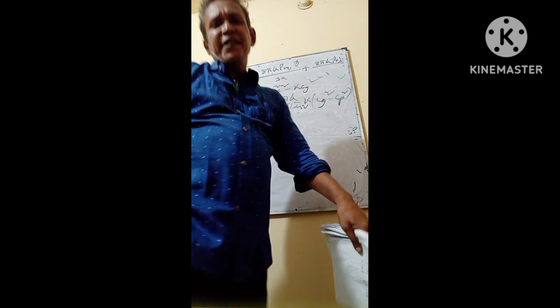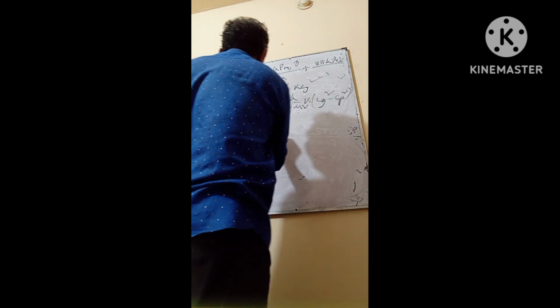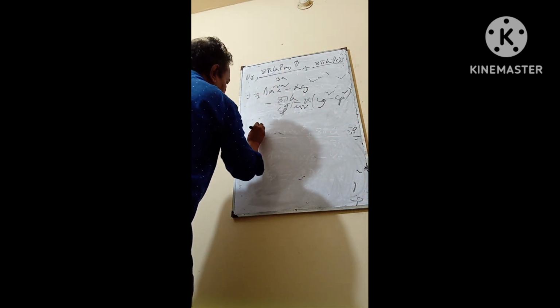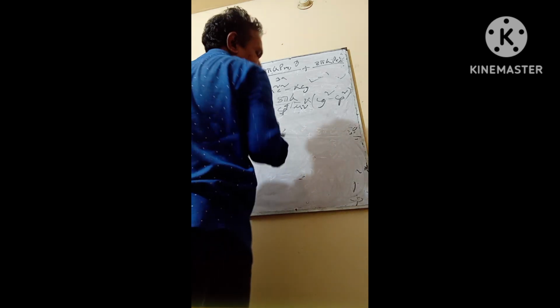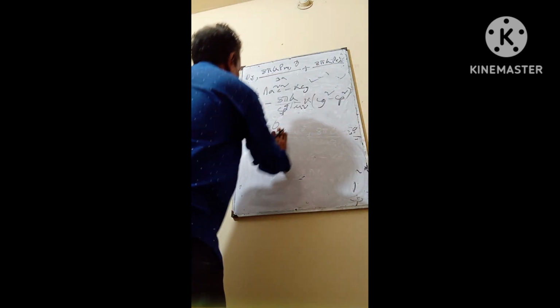The universe is expanding rapidly. So if K is equal to 0, the universe is flat Euclidean system.